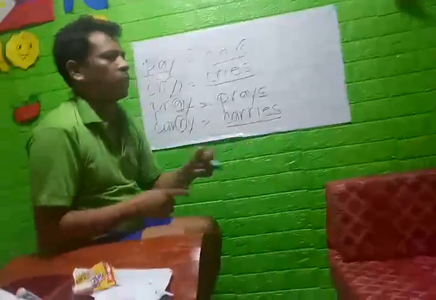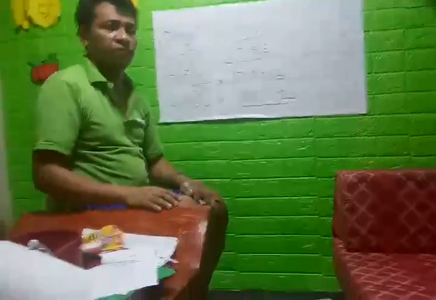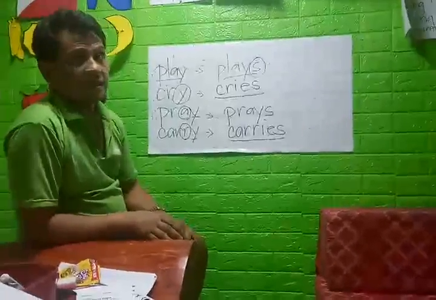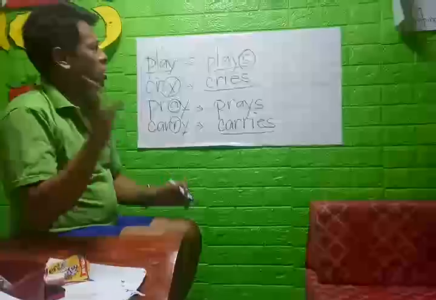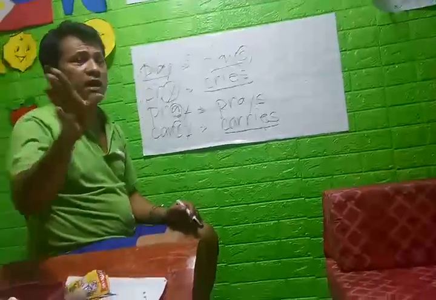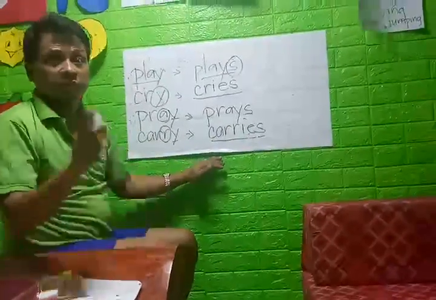Carries. So we were able to write the simple present tense of the verb as simple as that. Okay? So that is what we studied yesterday. So this is the simple present tense of the verb.